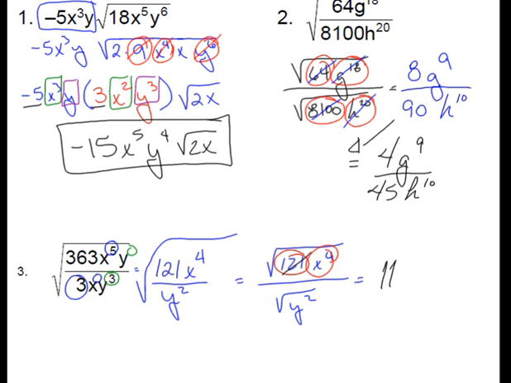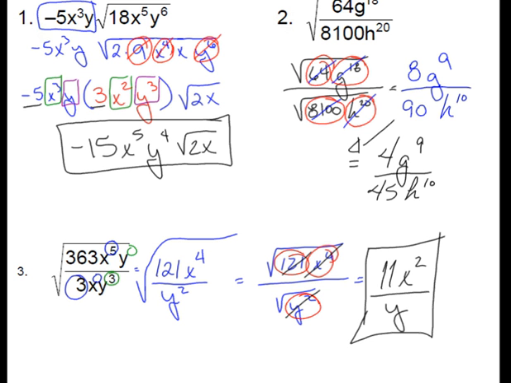X to the 4th is a perfect square. Square root of x to the 4th is x to the 2nd, because 4 divided by 2 is 2, over y squared is a perfect square, which gives me just a y, because 2 divided by 2 is 1, and there we have it simplified.